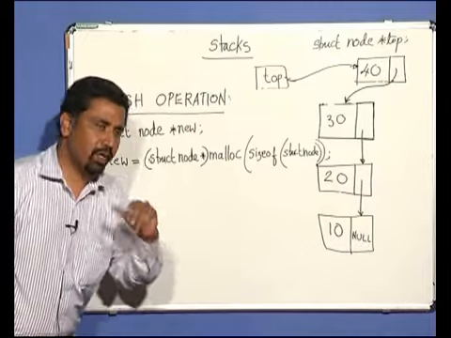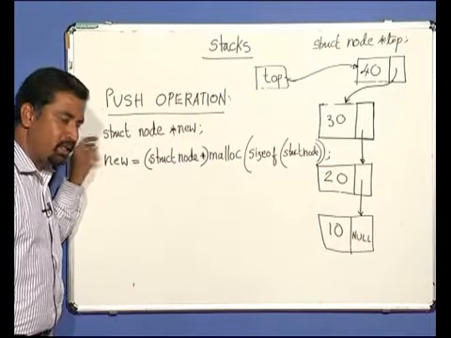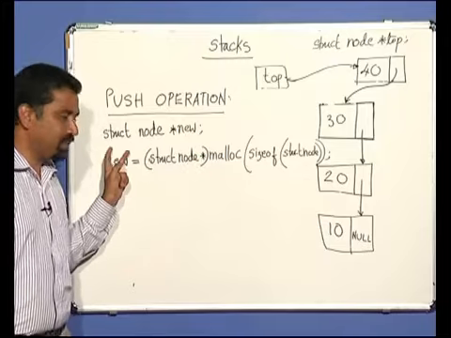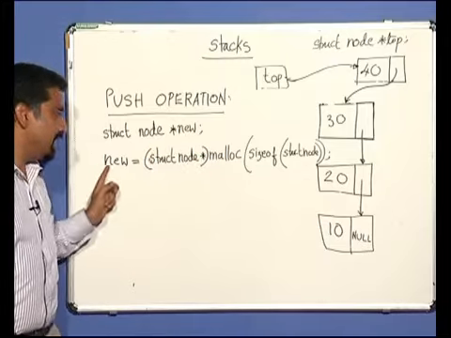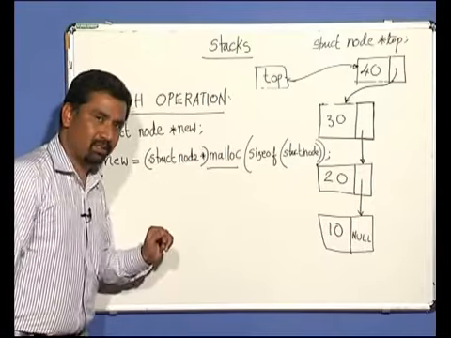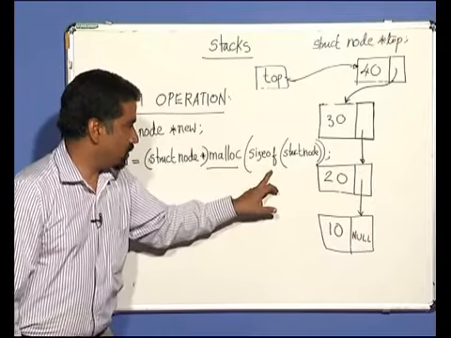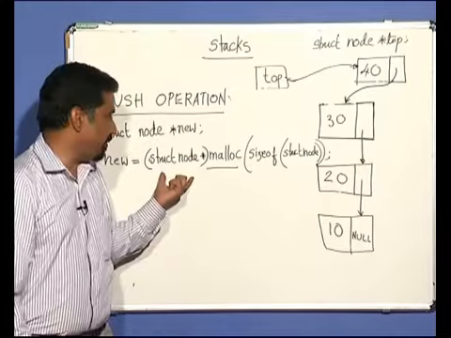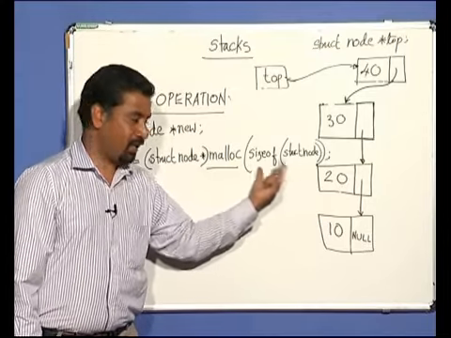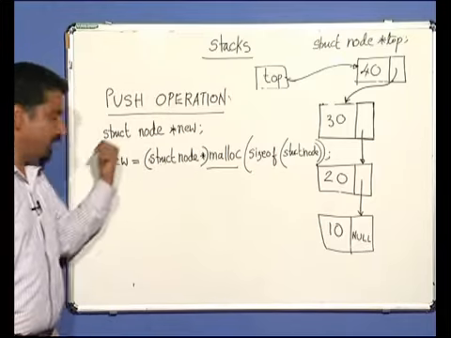I want you to look at these two lines here. New is a pointer declared as a pointer of type struct node. The next line here will dynamically allocate using the malloc function a new node, as you can see here. The type is typecast. These many bytes are allocated, cast to this type and assigned to new.